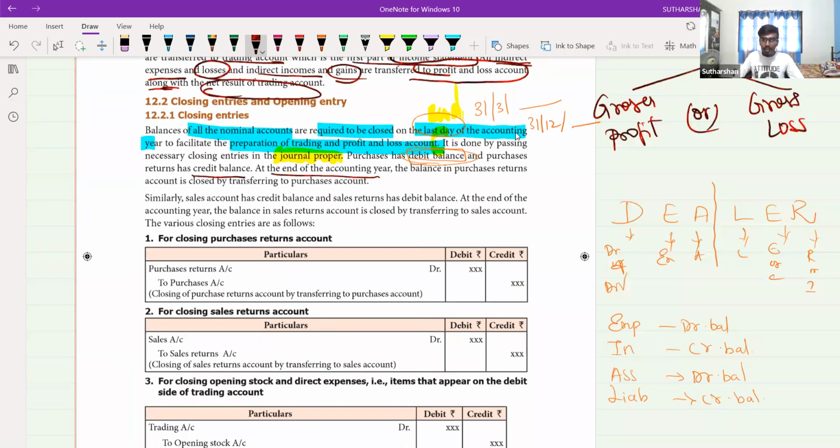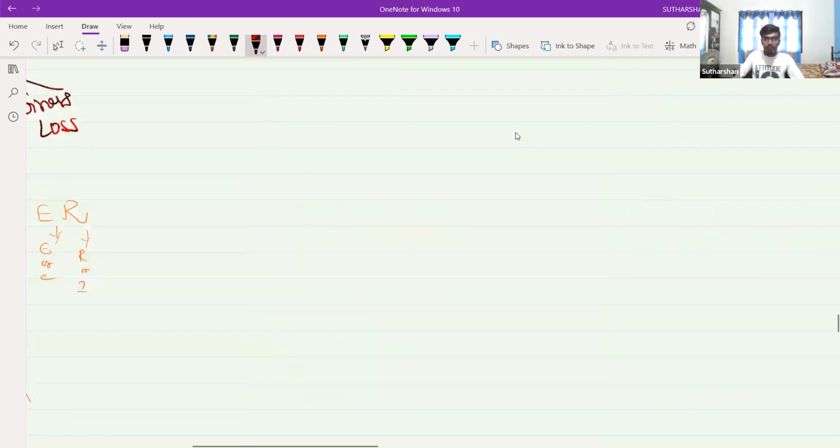At the end of the year, the balance of purchase return account is closed by transferring to purchase account. What is a purchase return? Suppose I purchased 10,000 rupees worth of t-shirts.